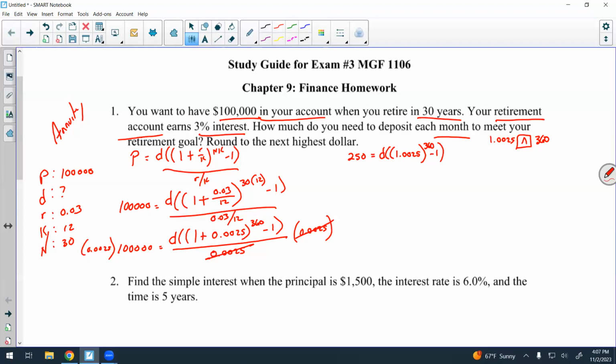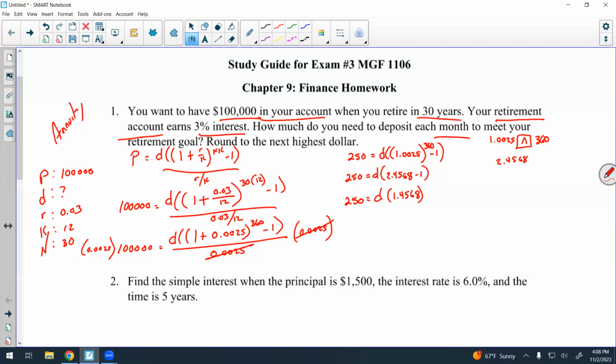That gives me 2.4568. I have $250 equals D times 2.4568 minus 1. $250 equals D times 1.4568.